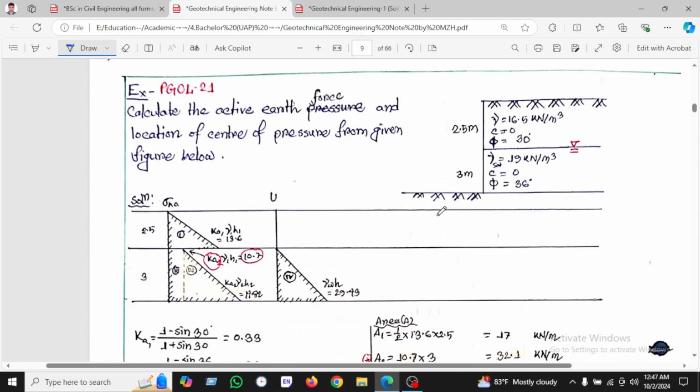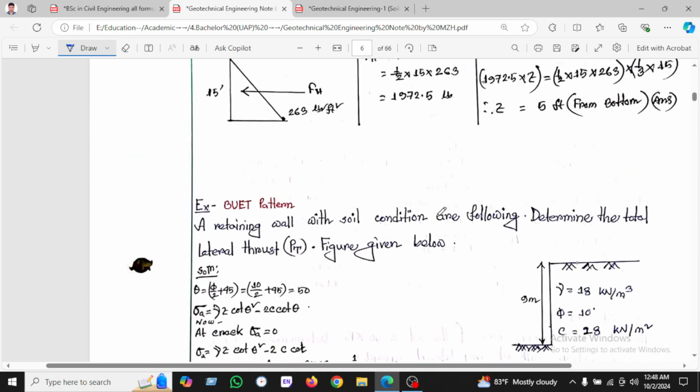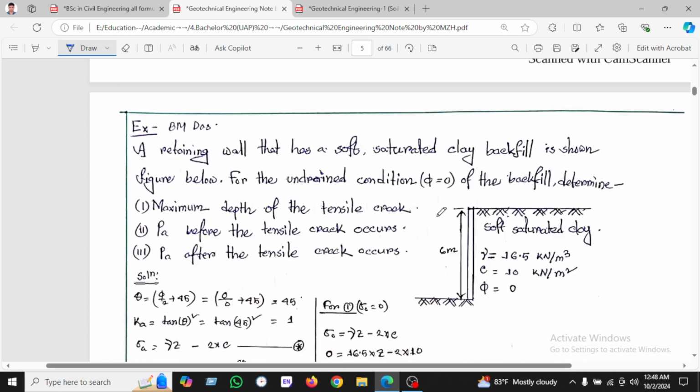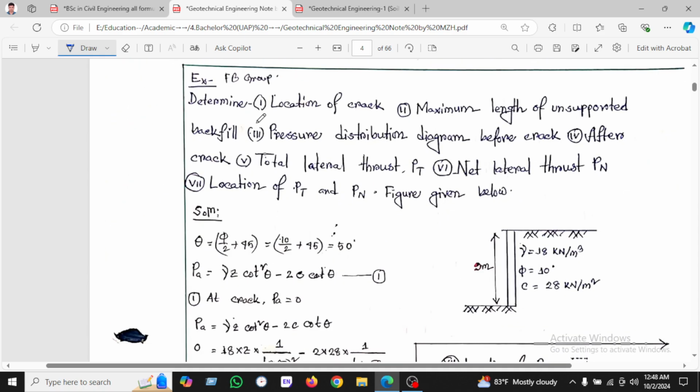So we will go to another example here. We can see, okay, from here determine the location of the crack of maximum unsupported backfill.